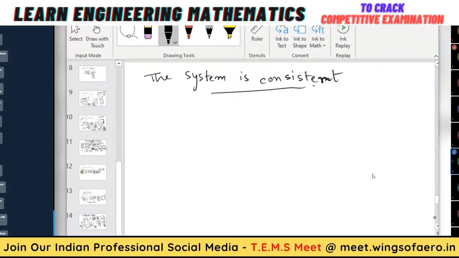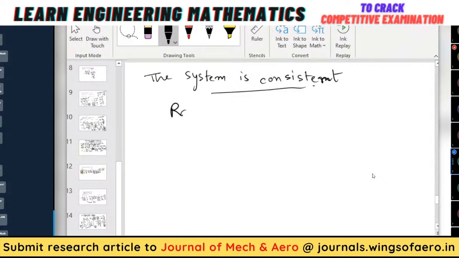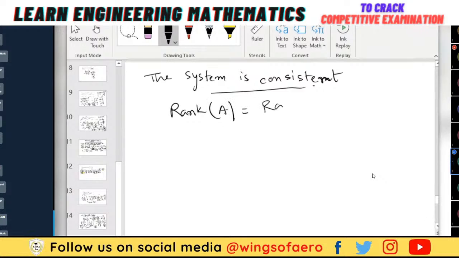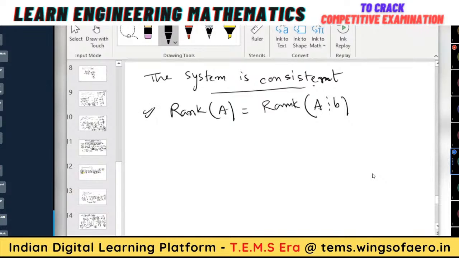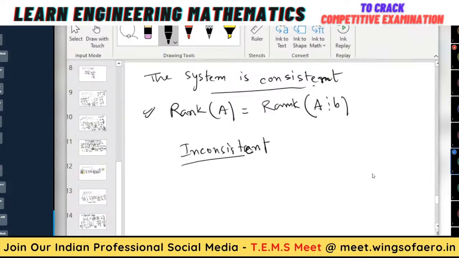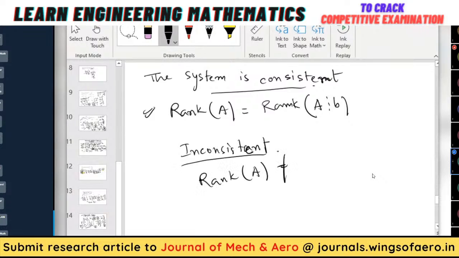So if it is a consistent system, then rank of A will be equal to the rank of the augmented matrix, that is AB. Remember this one. And inconsistent, if rank of A is not equal to the rank of AB.